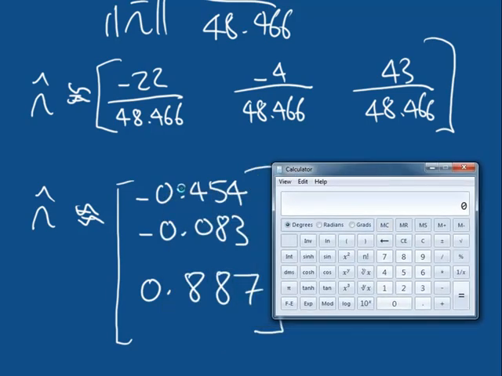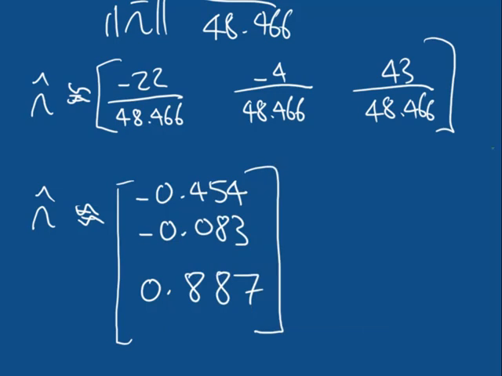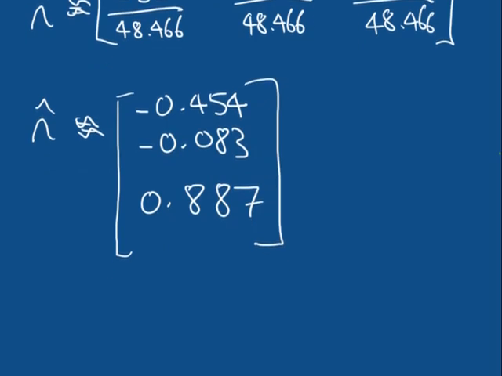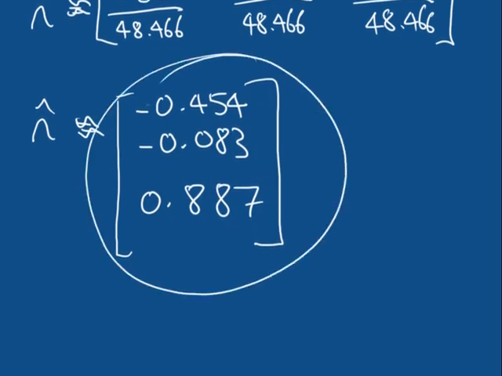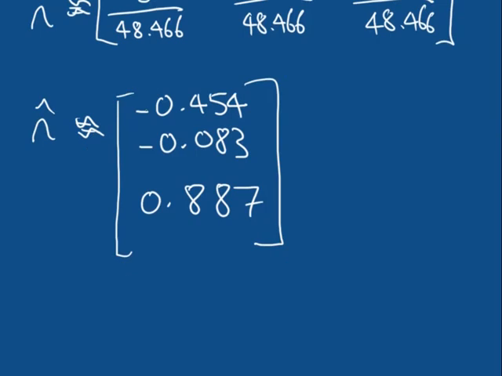I know the square of negative 0.454 is the same as the square of 0.454, so I'm going to say 0.454 squared plus 0.083 squared plus 0.887 squared. That's equal to 0.999, so very close to 1, which means the square root is very close to 1. Therefore, the length of n is approximately 1. So this is the unit normal vector for our triangle.